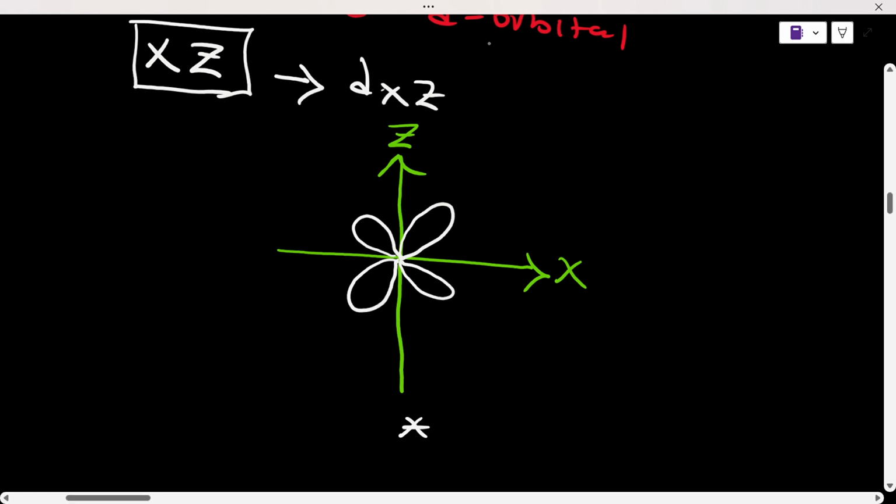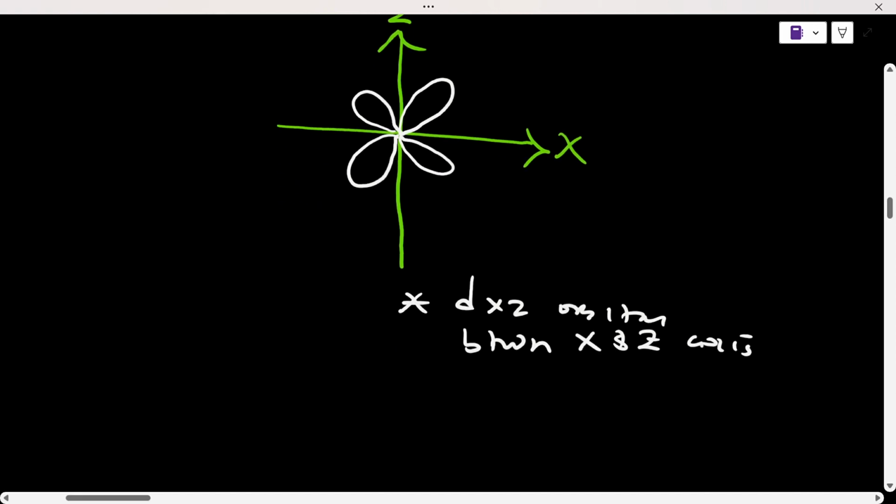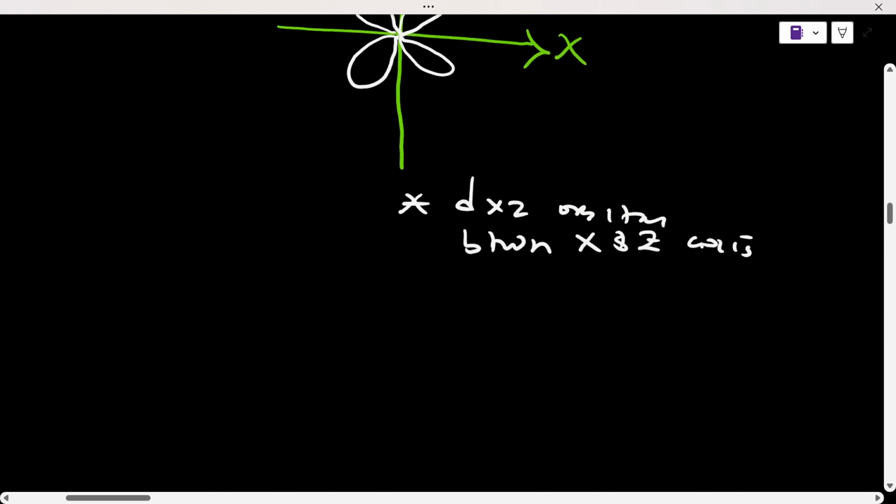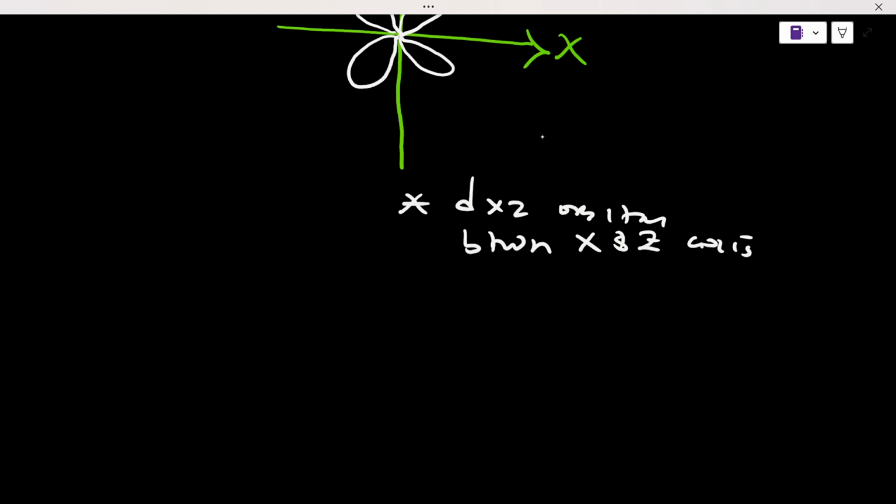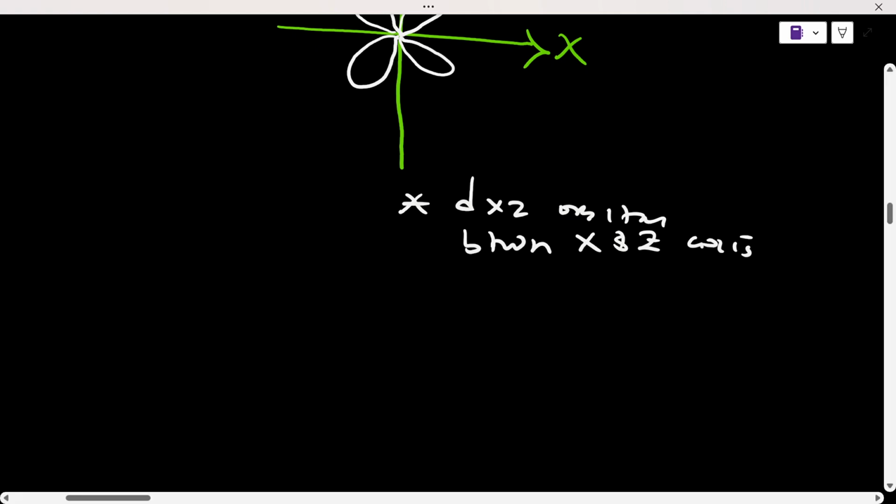It tells us that the dxz orbital is found between x and z axis. I'm going to the fourth orbital.